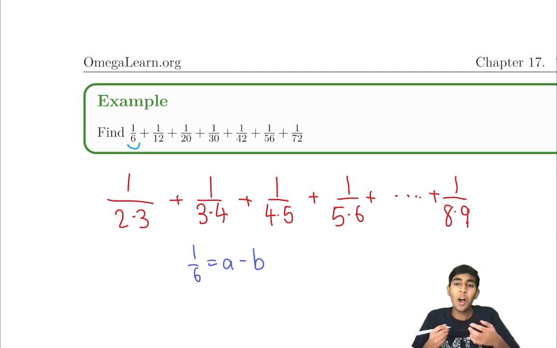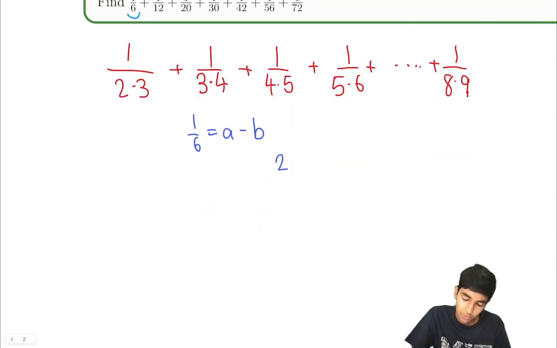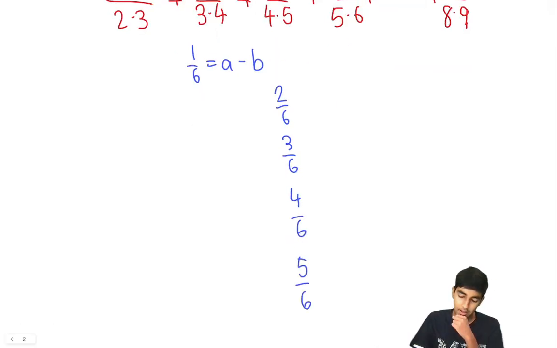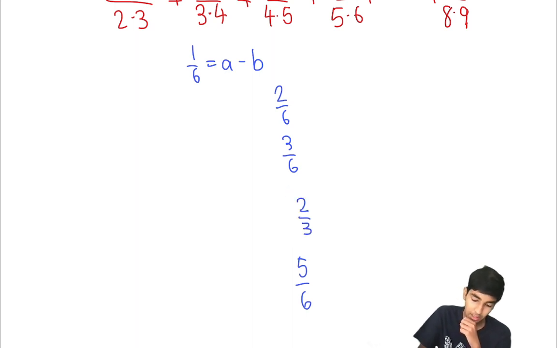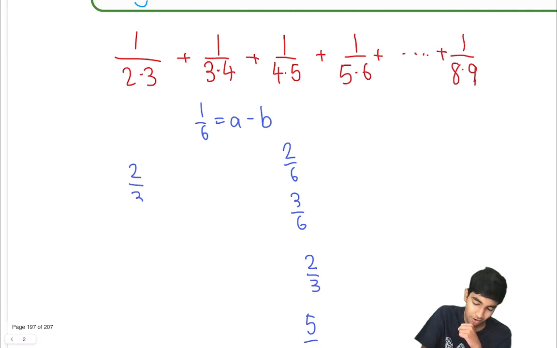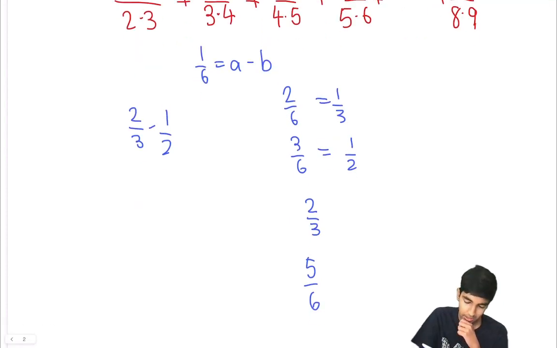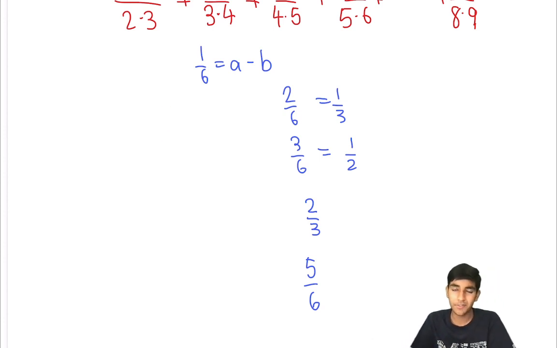1/6. I mean, what other fractions have 6 in their denominator? I mean, 2/6, 3/6, 4/6, 5/6. Those are a few. 4/6 is nothing but 2/3. So we could do something like 2/3 minus a half. Oh, also, notice how this is half, this is a third, this is 2/3, just like that. So we could form 1/6, 2/3 minus a half, but that's kind of strange.